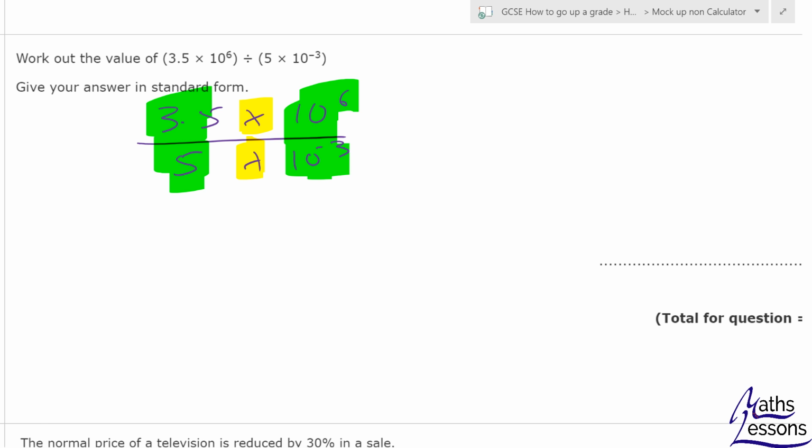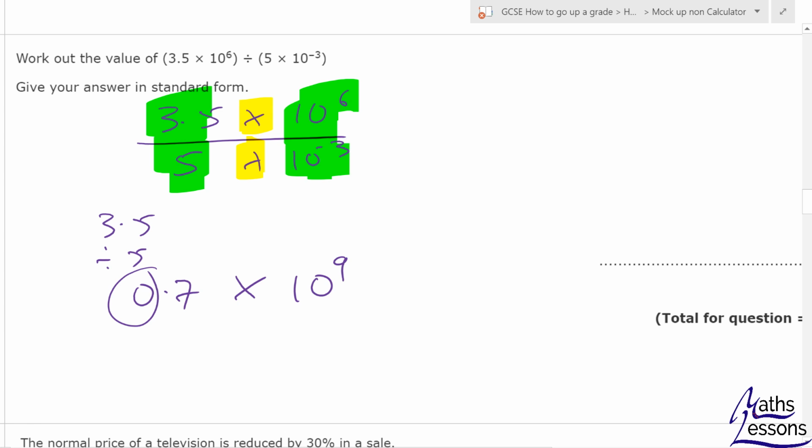So we've got 3.5 divided by 5. Well, let's do 35 divided by 5, which is 7. But we've got 10 times less than that, so that's 0.7. Then 10 to the 6 divided by 10 to the minus 3. Subtract the indices, and then we get 10 to the 9. So we've got 0.7 times 10 to the 9, which is not standard form.